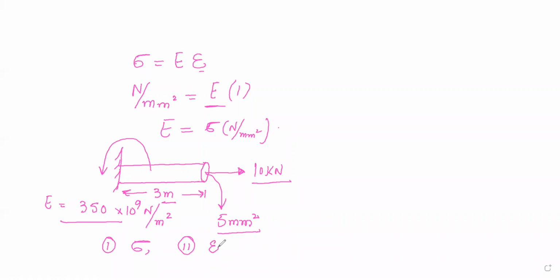So we can write, as far as normal stress is concerned, that's equal to the external load, that is 10 kilonewton, that is 10 into 10 raised to power 3 Newton, divided by the area. Area is 5 mm square. 1 mm is 10 raised to power minus 3, so it will be 10 raised to power minus 6 meter square.